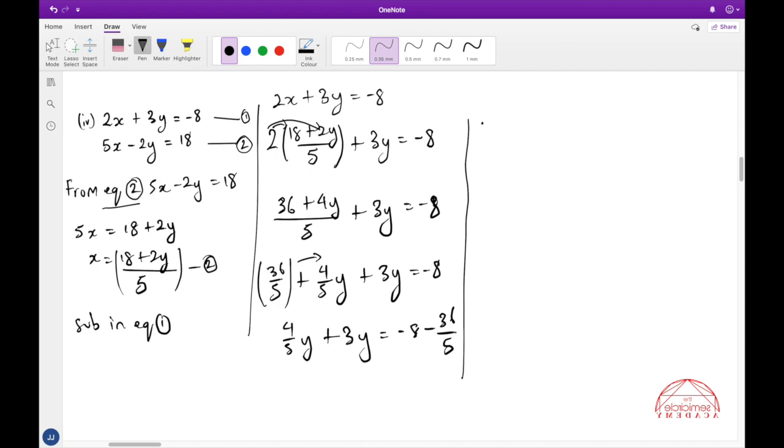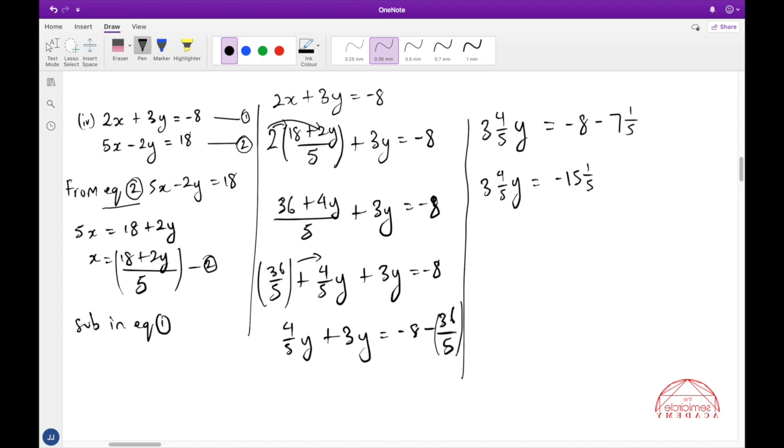That is 3 and 4/5. y is going to be equal to negative 8 minus, and let's just change this 36 over 5 into a mixed number so it'll be easier to deal with. So 7 5s are 35 and 1 is 36 over 5. So I now have minus 8 minus 7, and that gives us 3 4 over 5y is equal to negative 15 and 1 over 5.